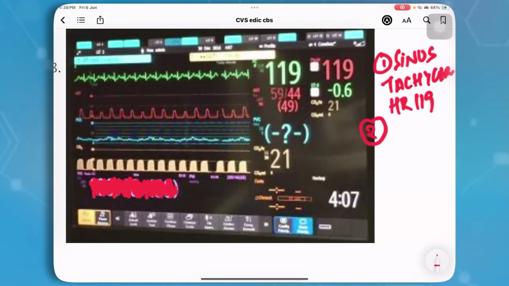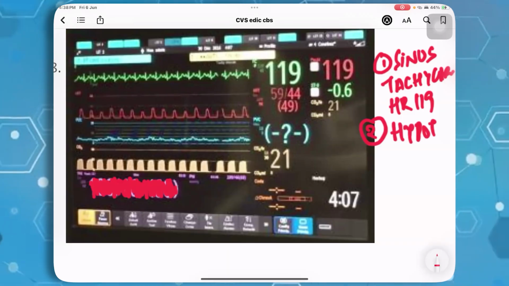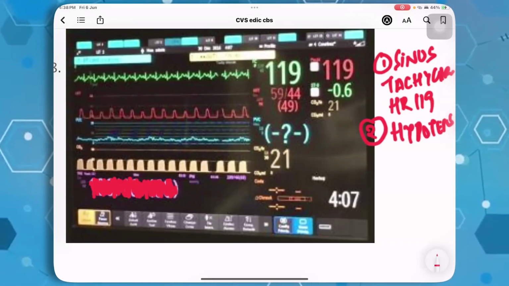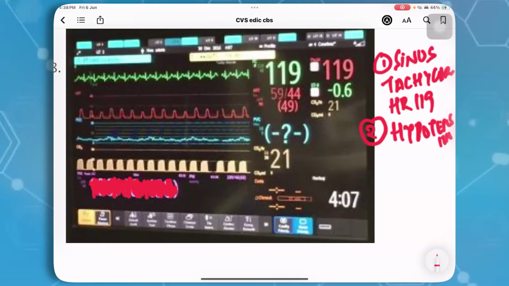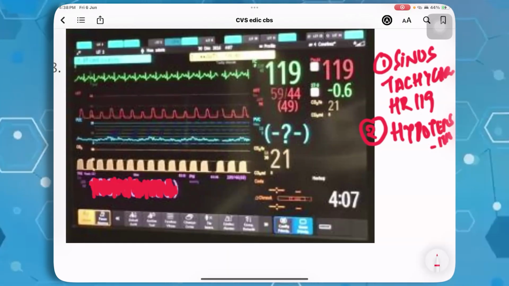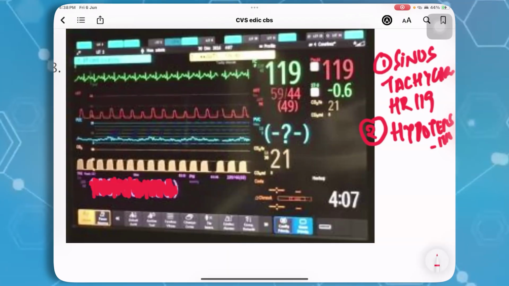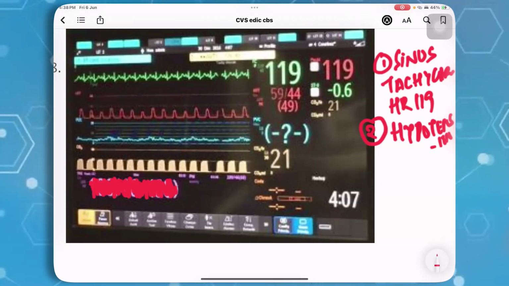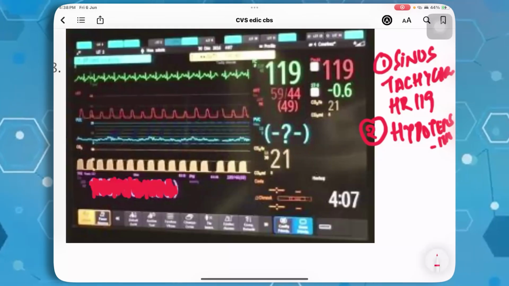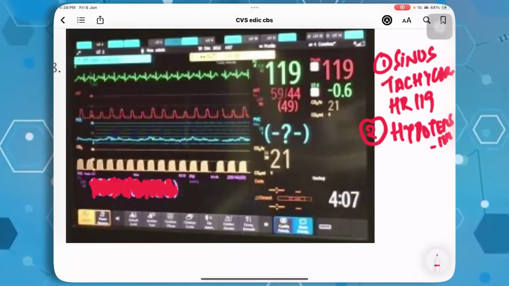Number two, the patient has hypotension. Don't say shock. Why do I say don't say shock? Anyone? Shock is defined by three things: altered mental status, decreased urine output.